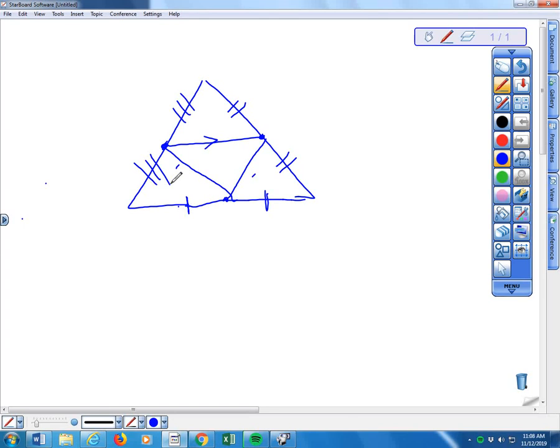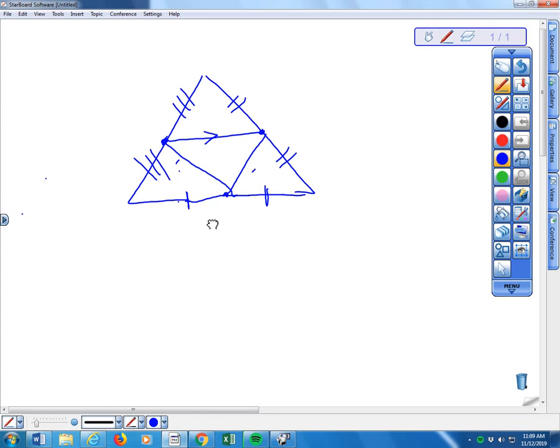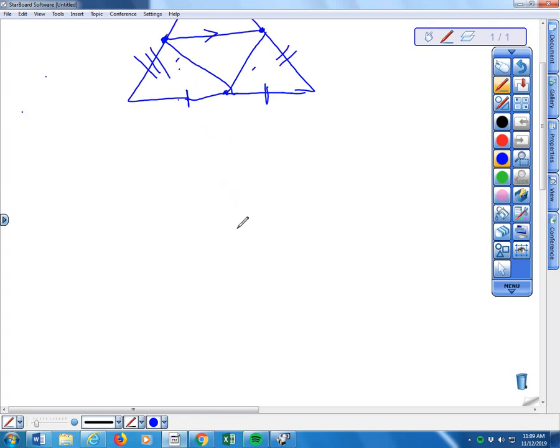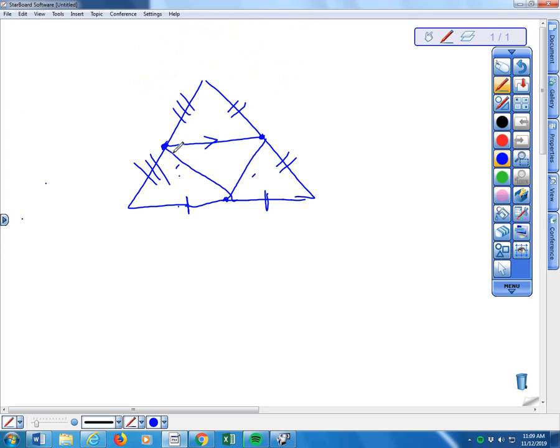So mid-segments, there's 3 of them. They are parallel to the side opposite them, and they're half the distance of the side opposite them. You're going to end up doing several problems using that knowledge.